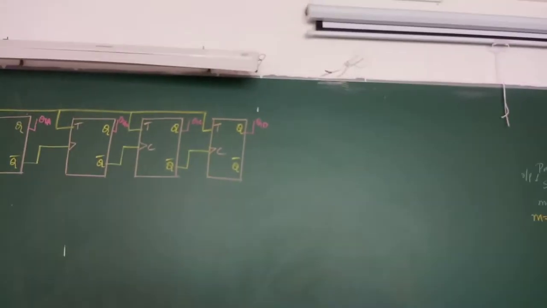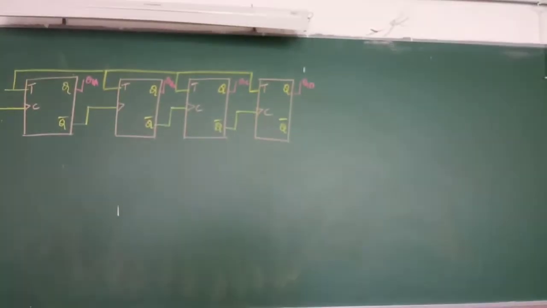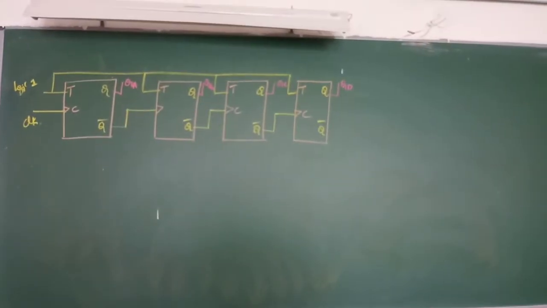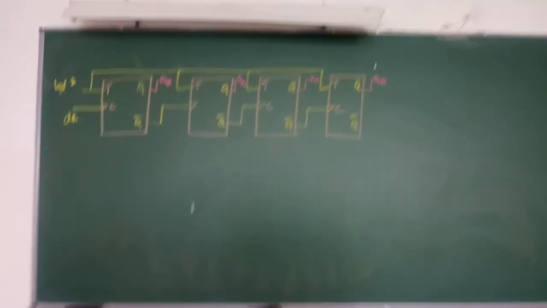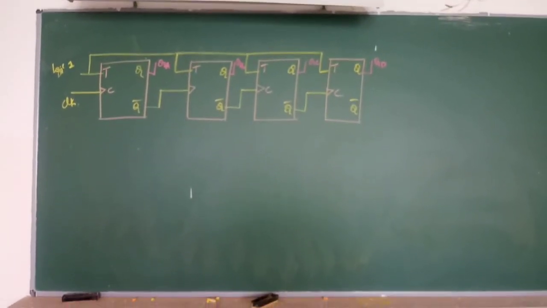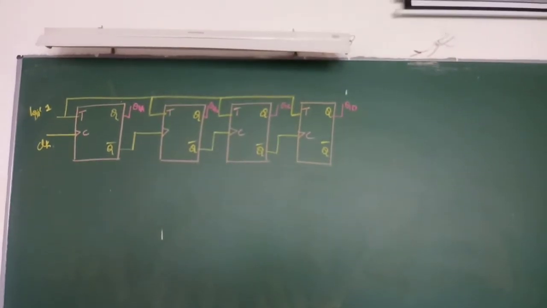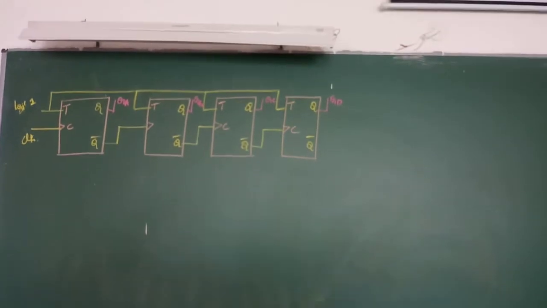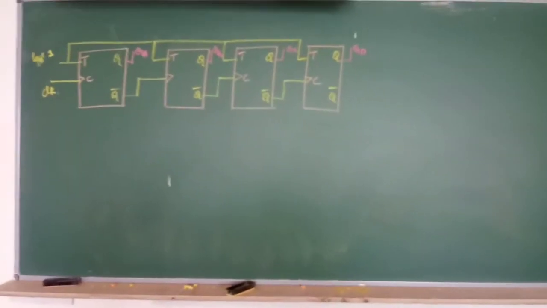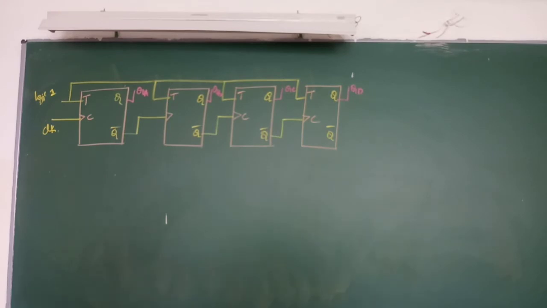When you give the T input as logic 1, how will it work? It will toggle, correct? If T is 0, the T flip-flop output remains the same. If T is 1, it toggles. So the T flip-flop working is very important, and the clock pulse also. You have to be very careful when you write the timing diagram or the counting sequence.